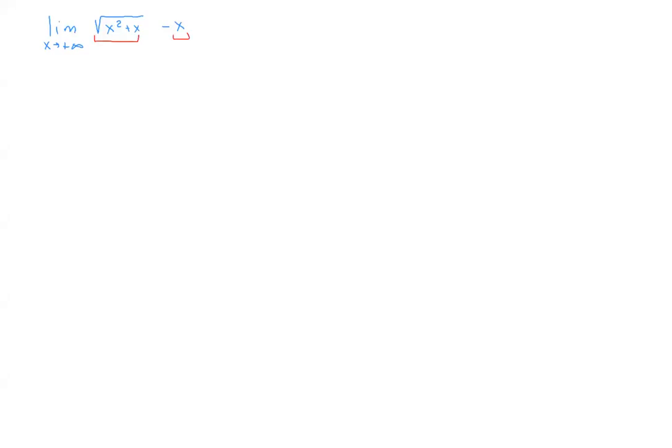This is the standard case in which we say that we have an indeterminacy, meaning if somebody tells you that I have a quantity that tends to infinity, another quantity that tends to infinity, and I subtract them, if you don't do something, there's no way you can answer in general what the behavior of that function is going to be. So to resolve this indeterminacy, what we're going to do is multiply and divide by the conjugate quantity.